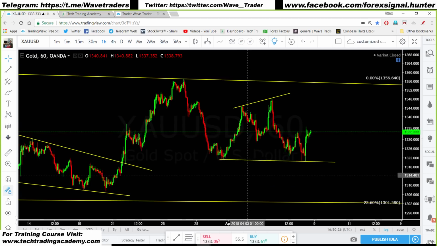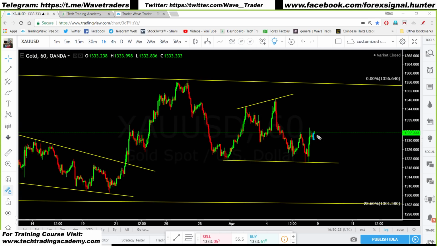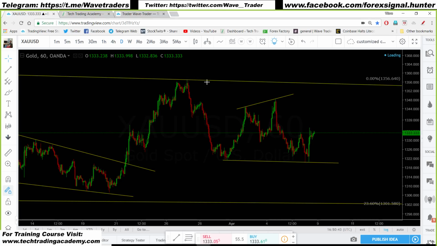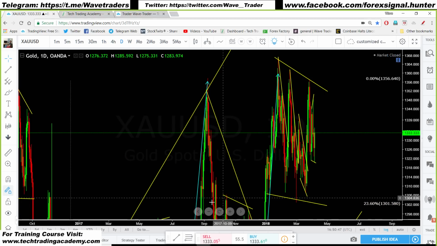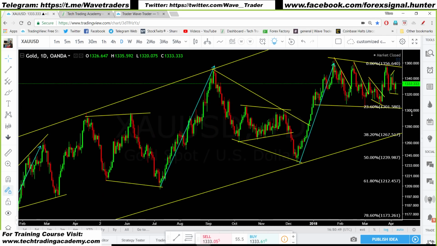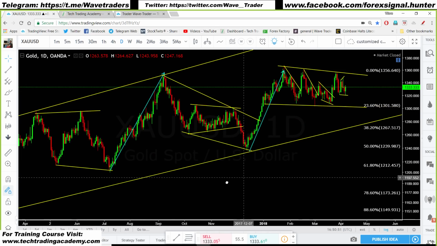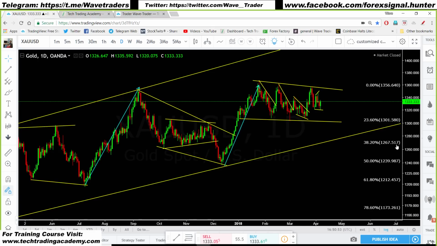If you want to do that, then simply look at this correction, and then look for this short term buy back to that top, and then look for this sell, the sell which I have just shown you on the bigger time frame, within that triangle. It is quite similar to the Kiwi dollar.